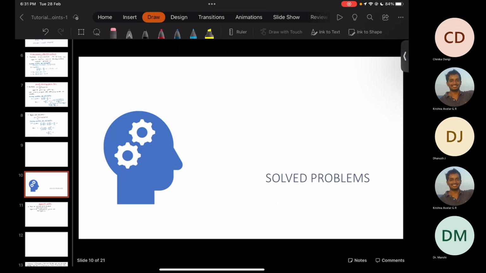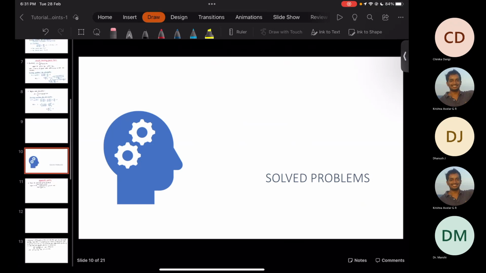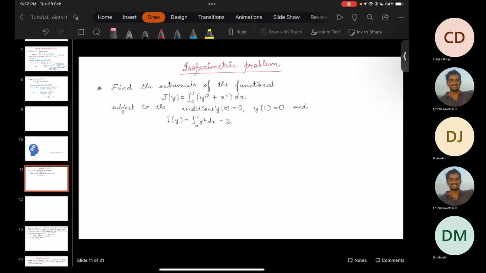Let me show you how to solve problems for all these different types of scenarios. For the first part, we'll start with solving one or two problems on isoperimetric constraints.